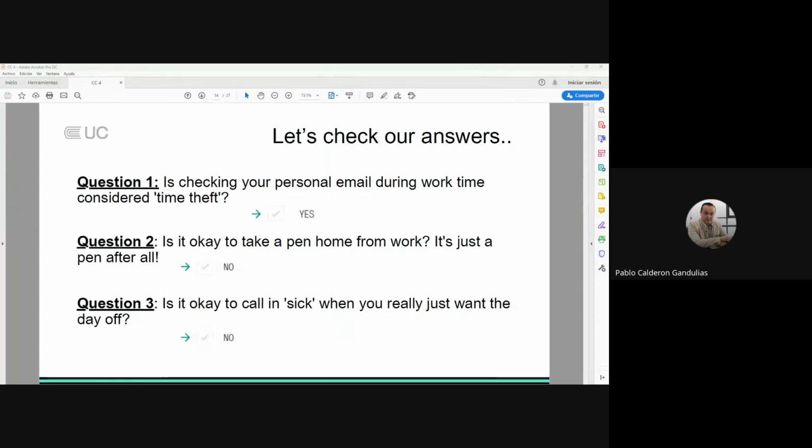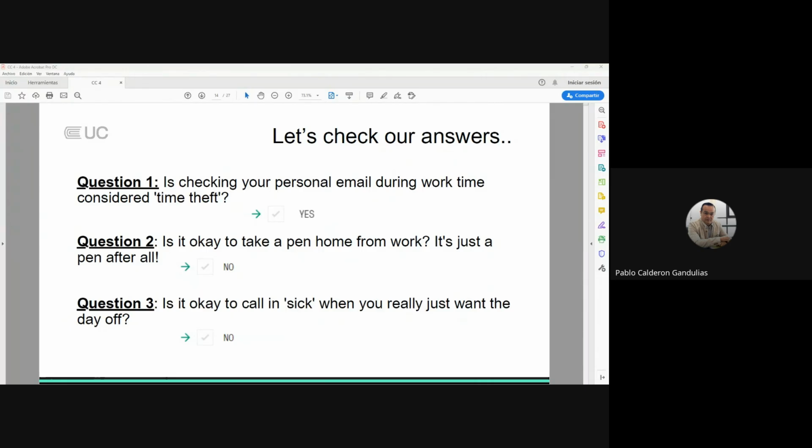Question two, is it okay to take a pen home from work? It's just a pen after all. No, because if you need something at home, you have to buy it. Office supplies are to be used in the office or for work purposes. Okay?